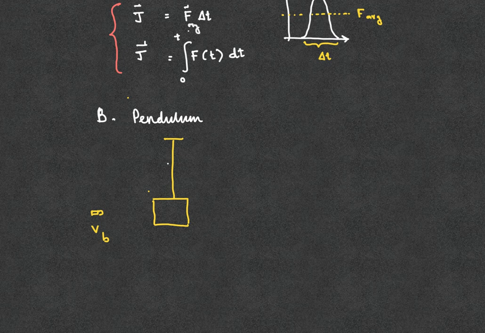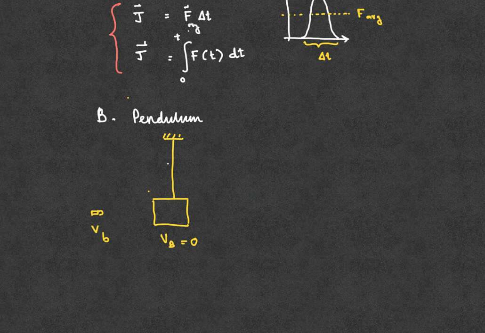This is what they used to find the speed of a bullet back in the day. So we are doing the calculations here, assuming that the bullet velocity is unknown. And I'm going to take this as the block, and V block at the beginning is 0.